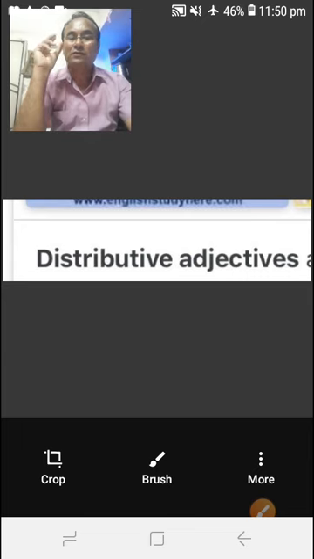Using this kind of words, this is called a distributive adjective. Now let's see an example of it. Every student in the class is a topper. So here every is the distributive adjective, as it adds meaning to the noun student. That's why this is called a distributive adjective.